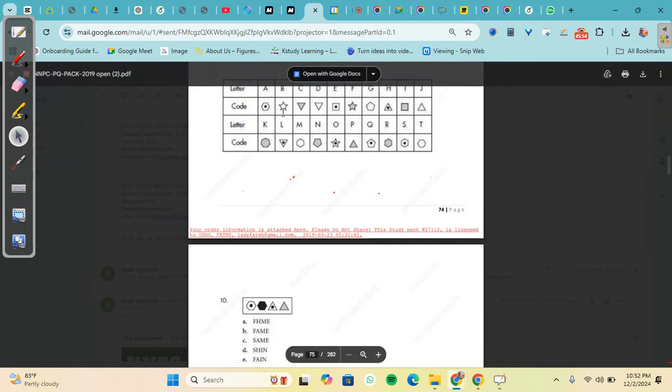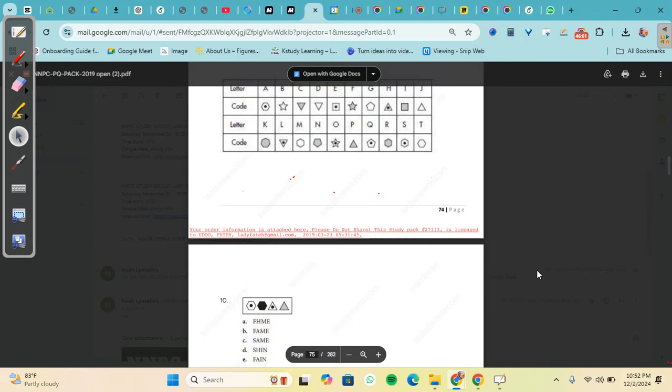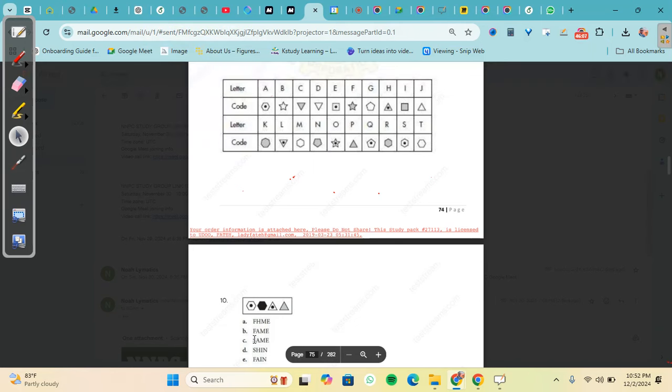Do you know one thing? I tried to scan this nonsense guy here. I screenshotted these two pages and pasted them on ChatGPT. ChatGPT gave me "same" first, and some explanation. I said, "Explain it, break it down, make it simpler."